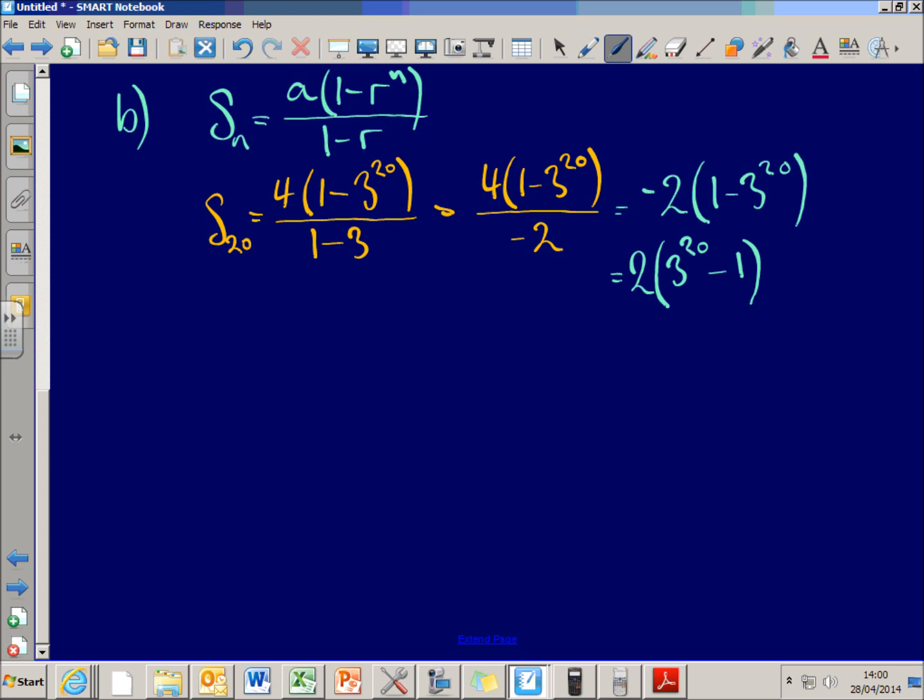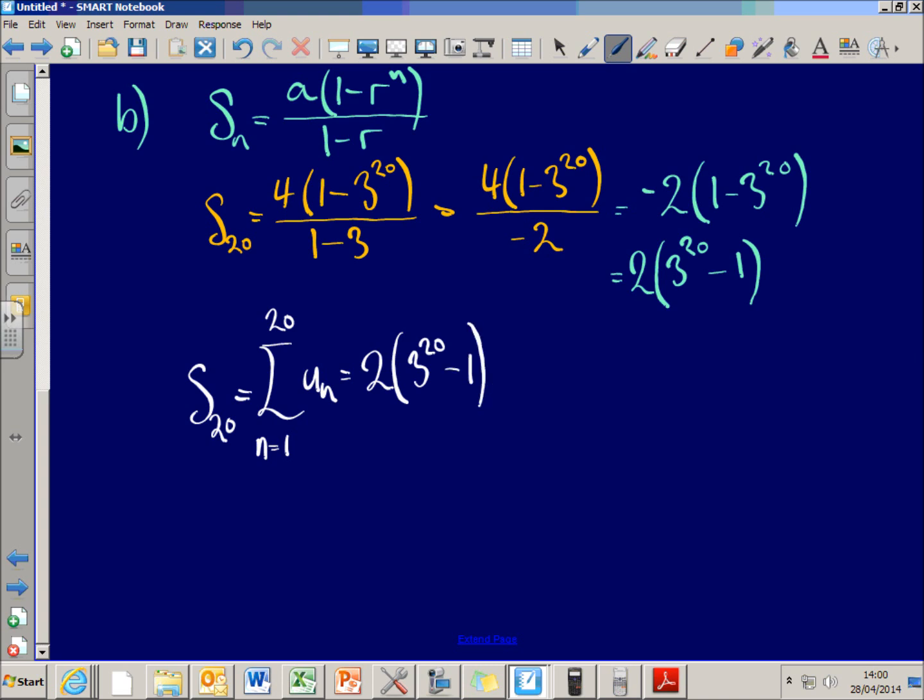Okay, is that okay? And then that sum of the first 20 terms is the same as the sum from n equals 1 to 20 of that, and we've just shown that it can be written like this, 2 times 3 to the power 20 minus 1, and that's what we've got to show.